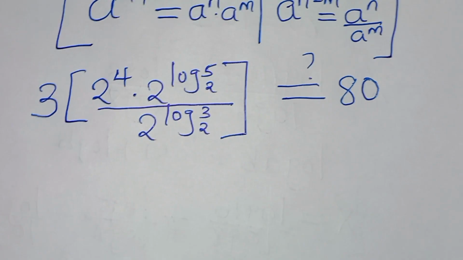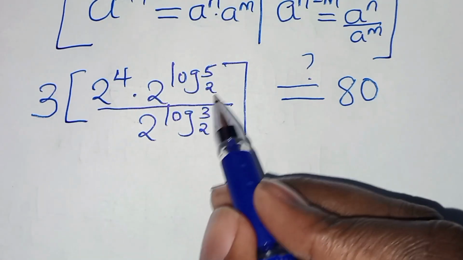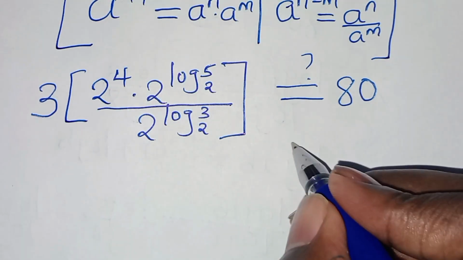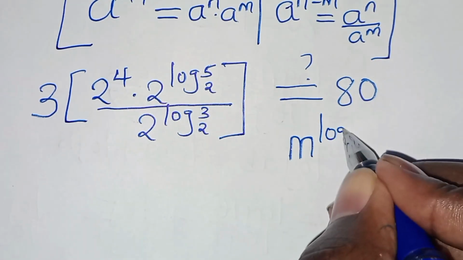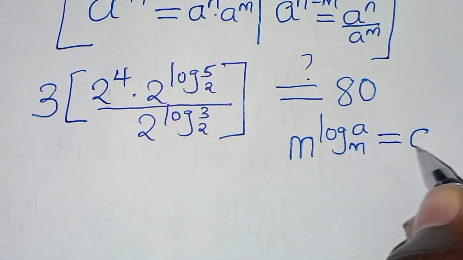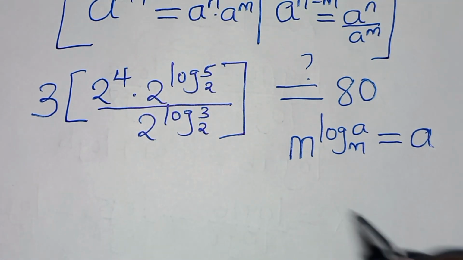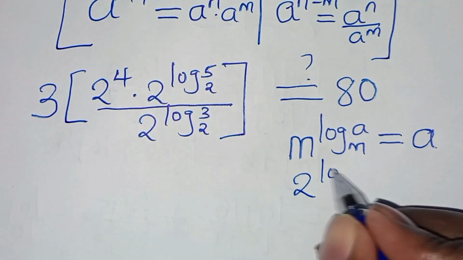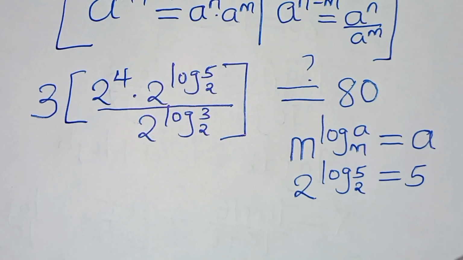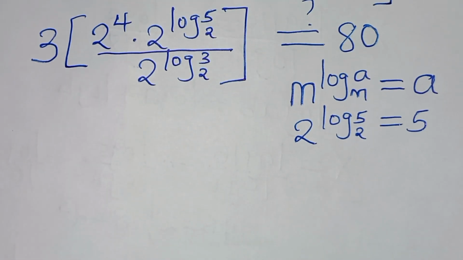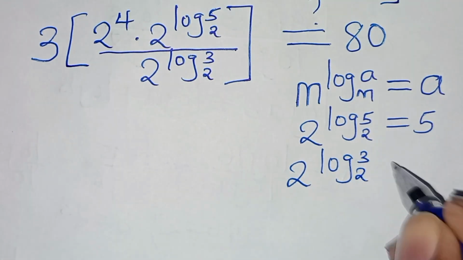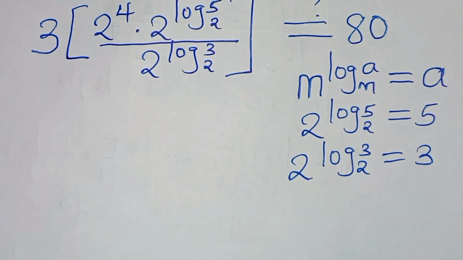The next step is 2 to the power of log 5 to base 2 and 2 to the power of log 3 to base 2. This is in the form of m to the power log a to base m, which is supposed to give us a value of a. So 2 to the power log 5 to base 2 is equal to 5, and 2 to the power log 3 to base 2 is equal to 3.